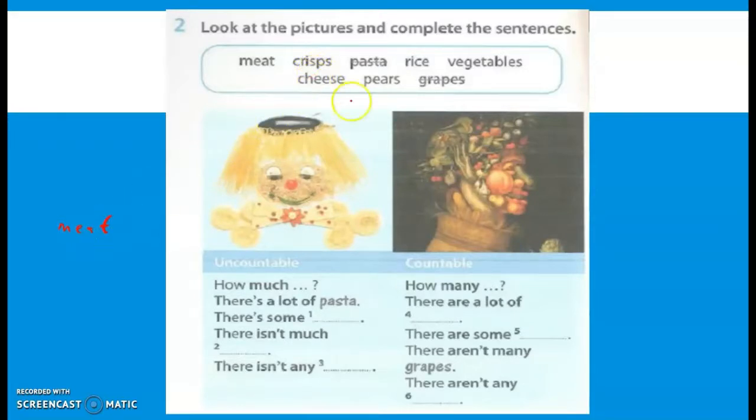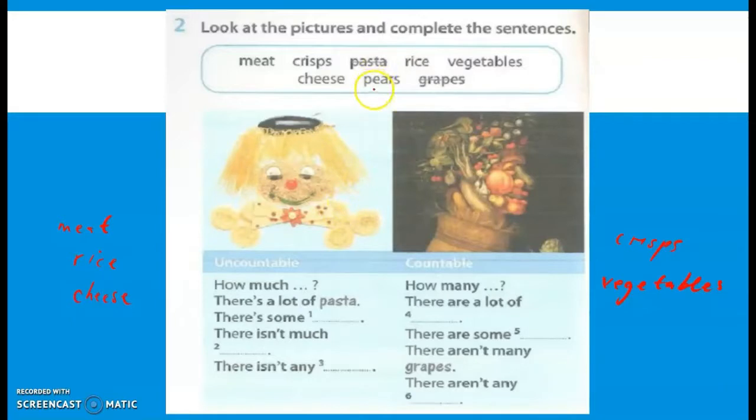Crisps is indeed a countable noun, so crisps. Rice, we cannot count rice, so it is an uncountable noun. Vegetables, again we can count vegetables, so it is countable. And cheese, we cannot count cheese, so it is an uncountable noun.